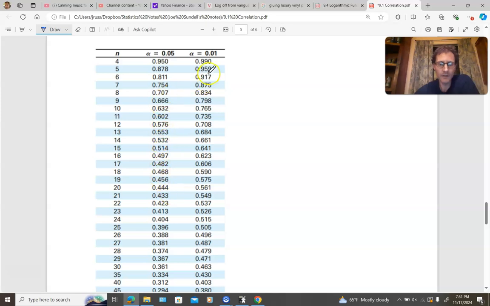These are going to be the different critical values depending on your sample size, and also your level of significance. And notice, guys, how these values are significantly higher for this stricter level of significance, and that's what we would expect.